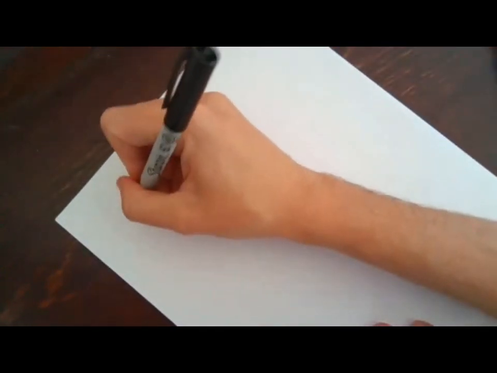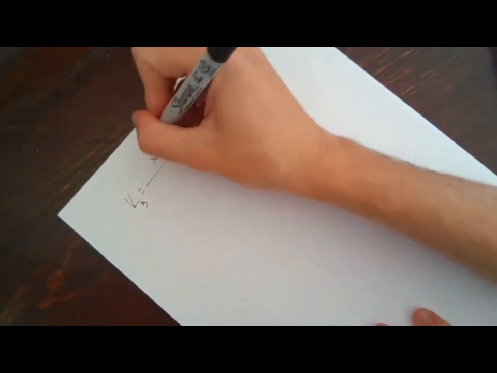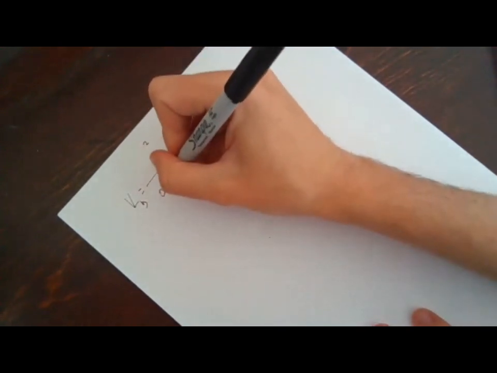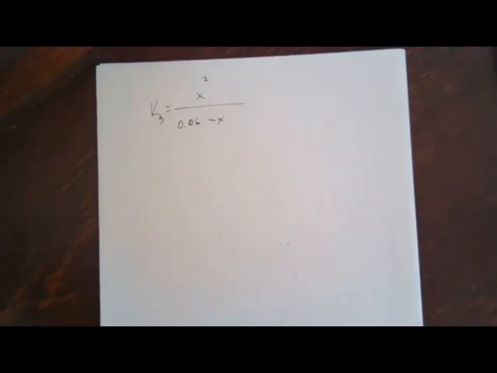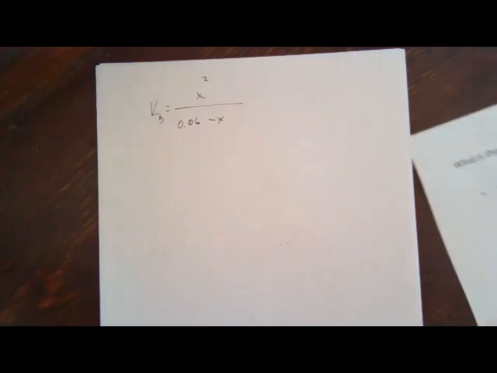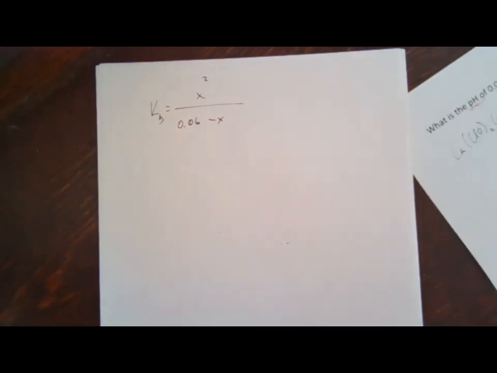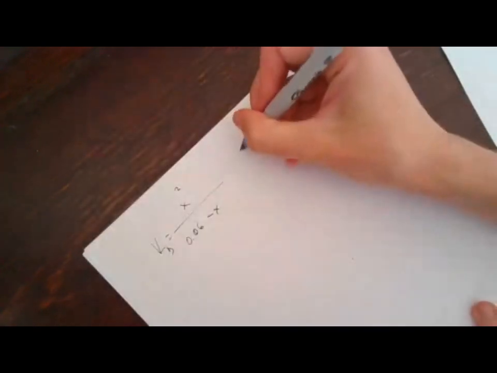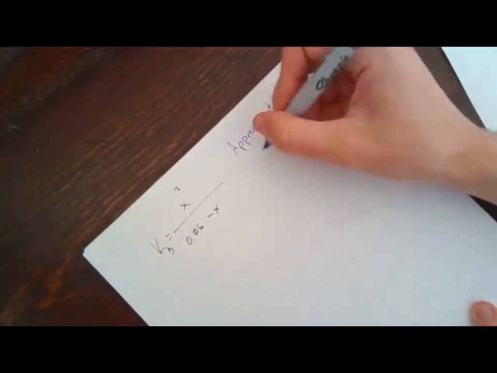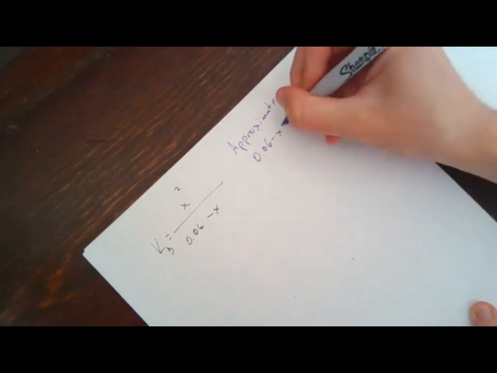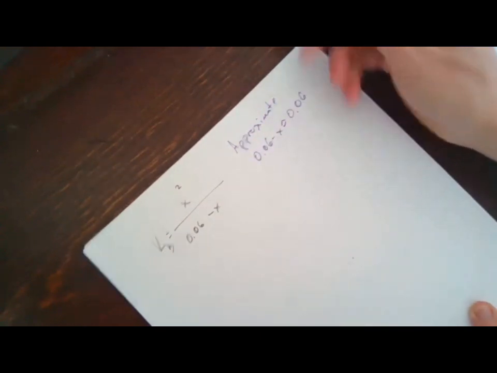So here I have Kb equal to x squared divided by 0.06 minus x. I don't have the pH, so I can't solve for x that way, and I need to do some processing. I'm going to make an approximation because it is a weak base, so 0.06 minus x is going to be about 0.06.